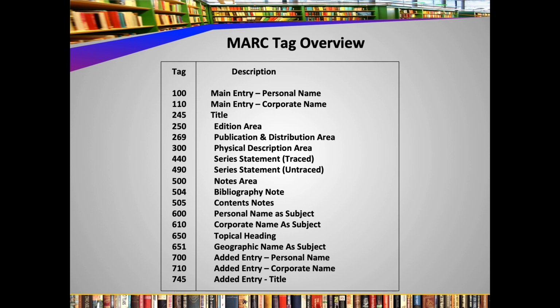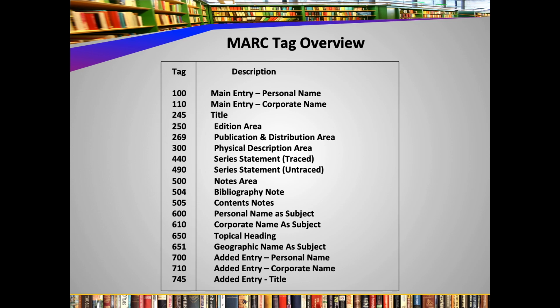For example, 100 represents the main entry field, 200 the title and edition field, 300 physical description field, 400 series field, 500 notes field, 600 subject field, 700 added entry field, 800 series added entry and holding data field, and 900 local data field.